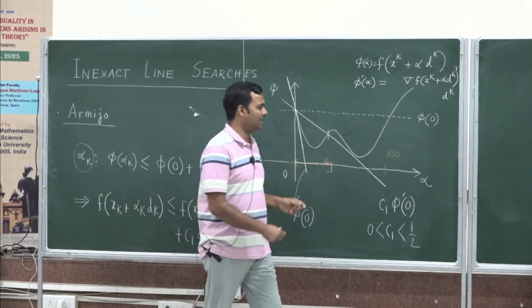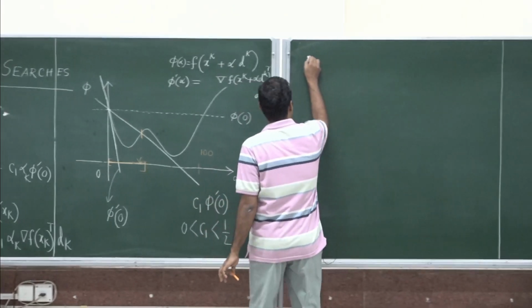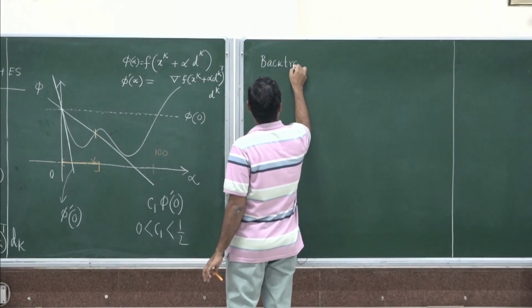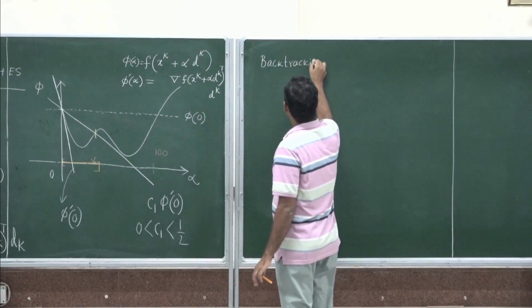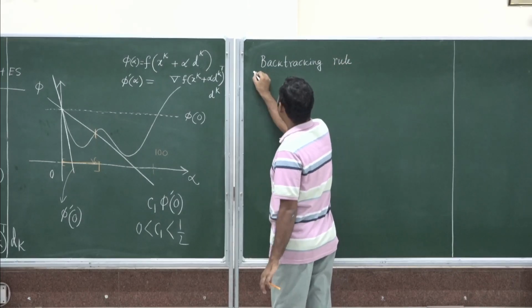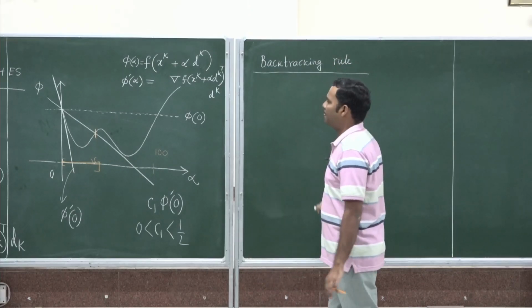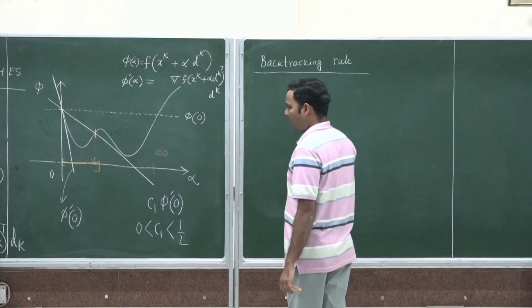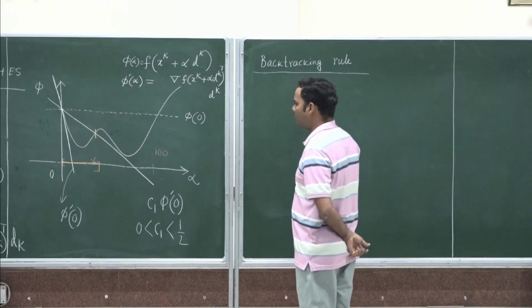So by backtracking we can figure out a particular alpha that satisfies the Armijo rule, and also alpha k is not very small.